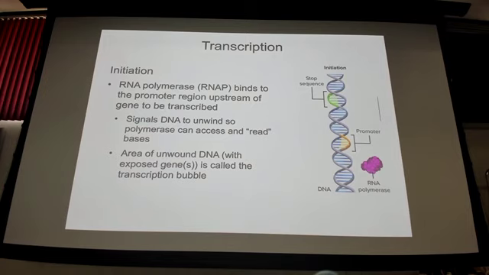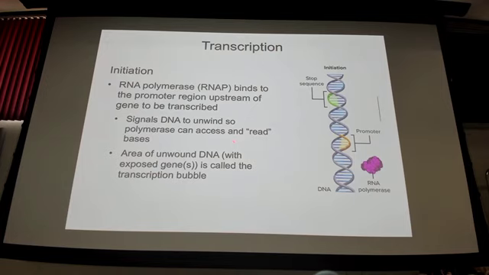And then similar to when we have replication, you need to have access to the gene itself. So there's an unwinding that occurs, and that unwinding is also facilitated by different molecules that will make sure that those hydrogen bonds are loosened. And then immediately after transcription, they just kind of re-anneal back together again into a double-stranded molecule.